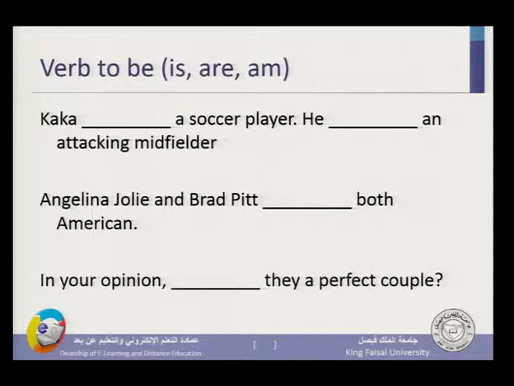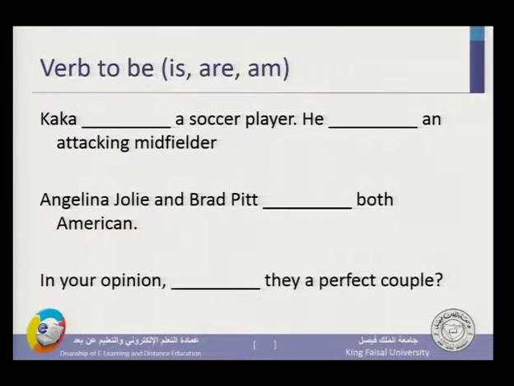For example, verb to be: Kaka is a soccer player. He is an attacking midfielder. We're talking about a player who plays football, of course soccer, we call it soccer.